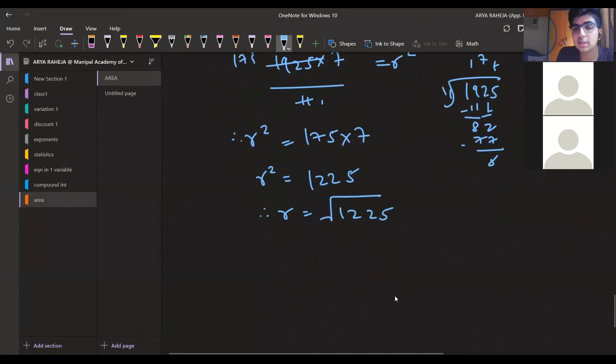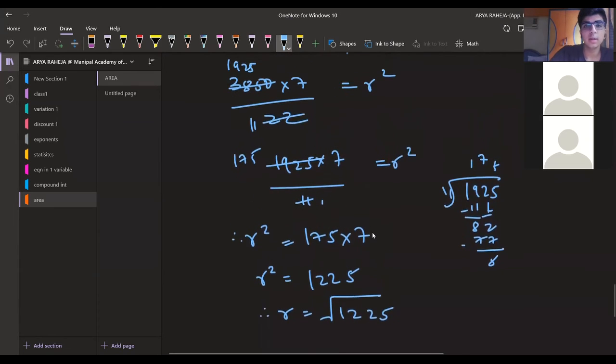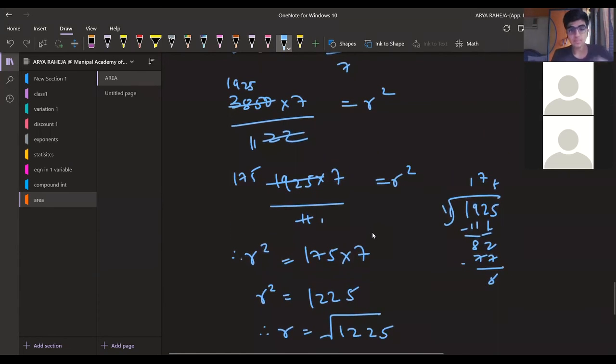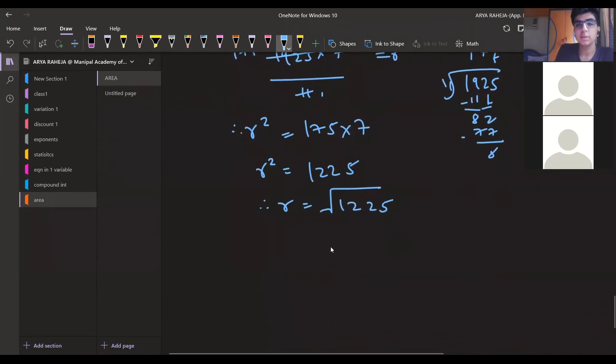Okay, just copy till here, then I'll go ahead. Okay, so once you find the square root of this, radius comes out to be finally 35 meters.